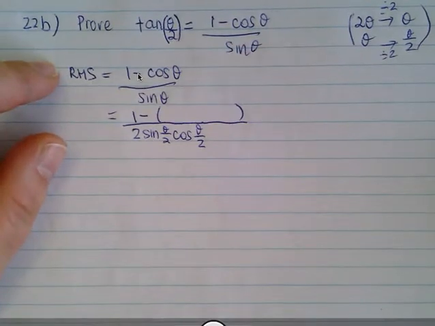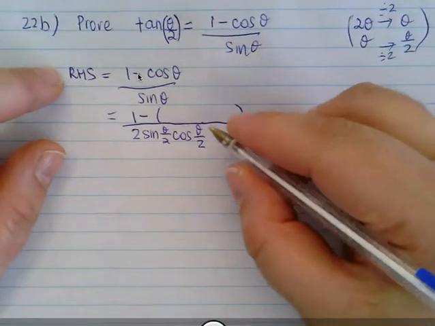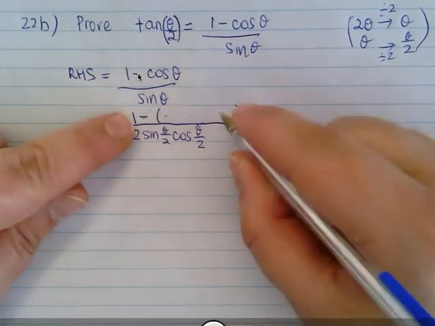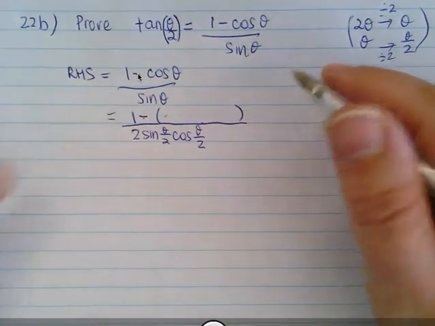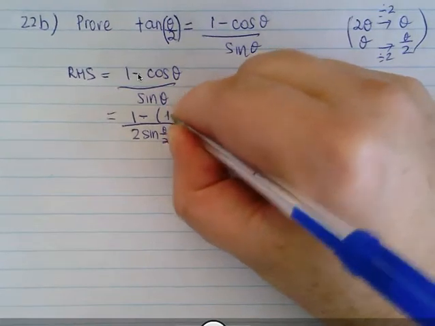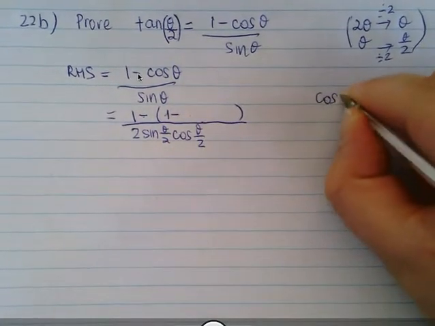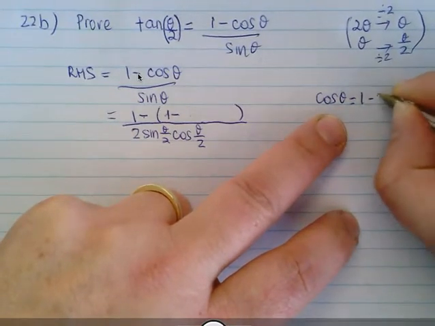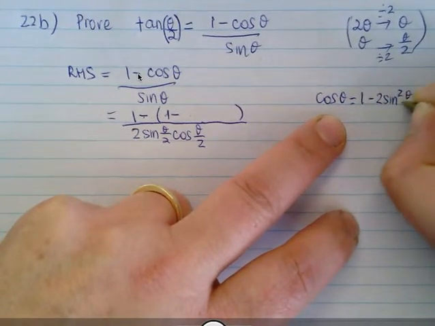So I need the one with just a normal 1. If I put 2 cos squared theta minus 1, it's negative 1, which is plus 1. I want a 1 minus 1. So I go 1 minus.